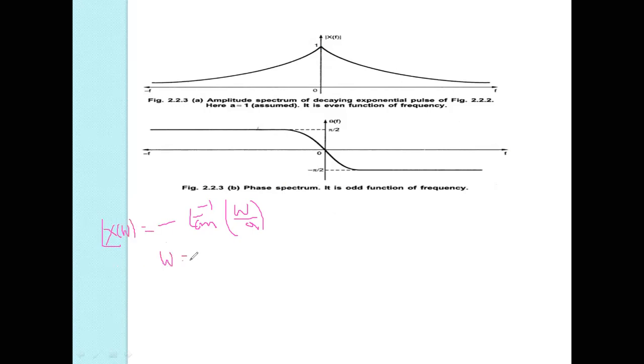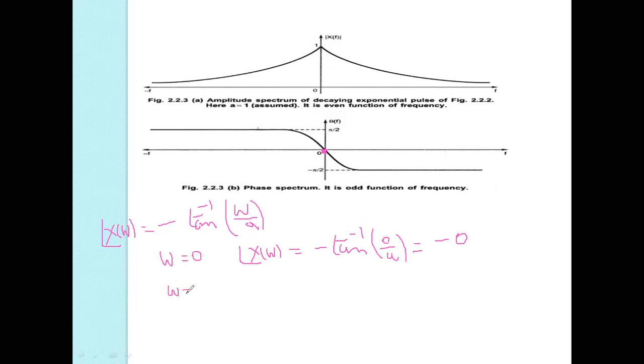Here when I am taking omega is equal to 0, what happens to the angle? Angle X of omega is equal to minus tan inverse 0 by a, that is equal to minus 0, whatever it is, 0 only here. The angle is 0 at omega is equal to 0. Here they are taking it in terms of f value, and I am taking it in terms of omega, angular frequency.